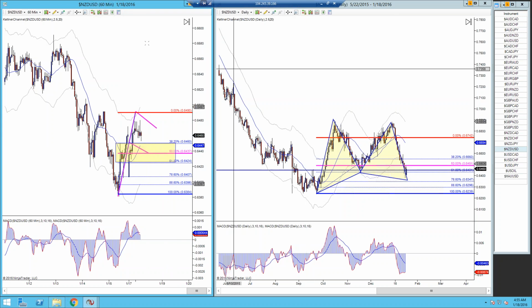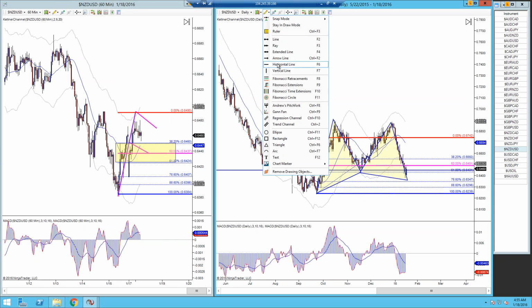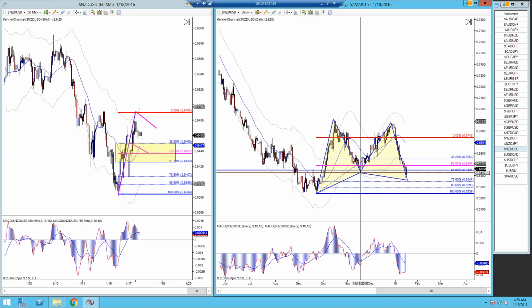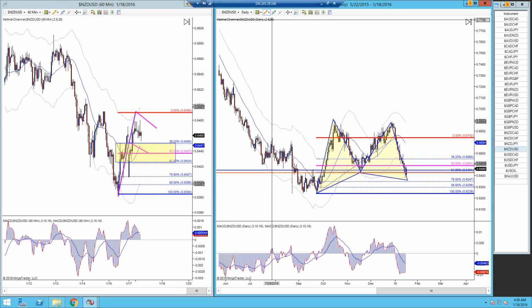This is holding in here. It's holding this whole zone, this being the XABCD, X.